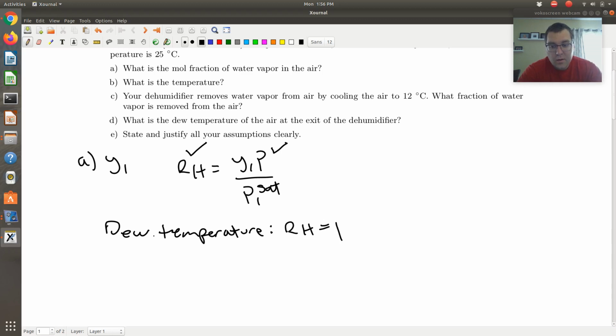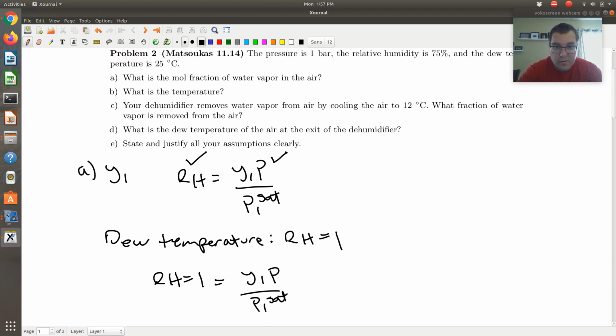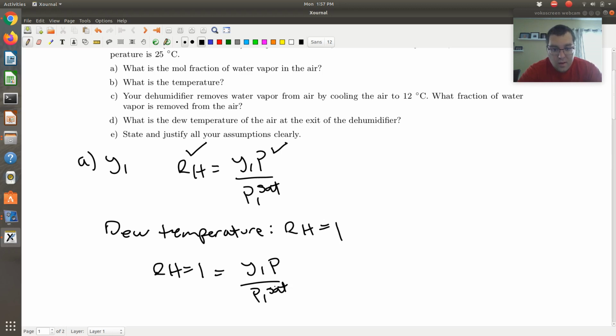So if I'm considering my dew temperature, that corresponds to a relative humidity of 1, which would be Y1P over P1 sat. We're told that the dew temperature is 25 degrees C, so at 25 degrees C I have a relative humidity of 1.